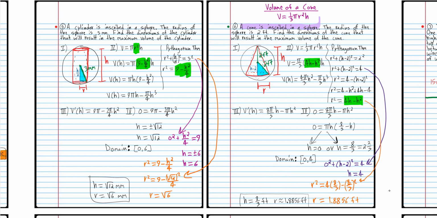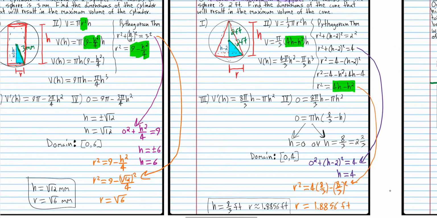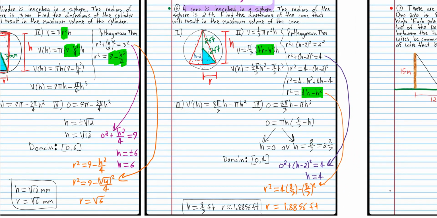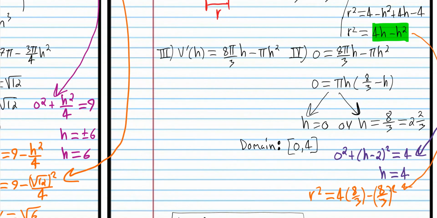So if you got that right, excellent. Now again, if you're trying to explain to somebody why we didn't have to use the first derivative test, what you could do is say, well, the volume when you plug in 0 is 0. The volume when you plug in 4 is 0, testing the endpoints.